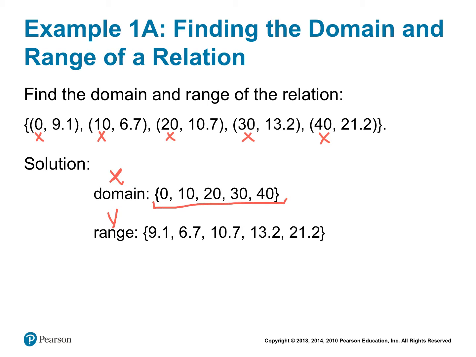And you want to put them in the order that they come, because then you'll be able to match up later that 0 went with 9.1. The 10 went with the 6.7, and etc. So just keep it in the order, and then the x's go in the domain and all the y's go in the range.